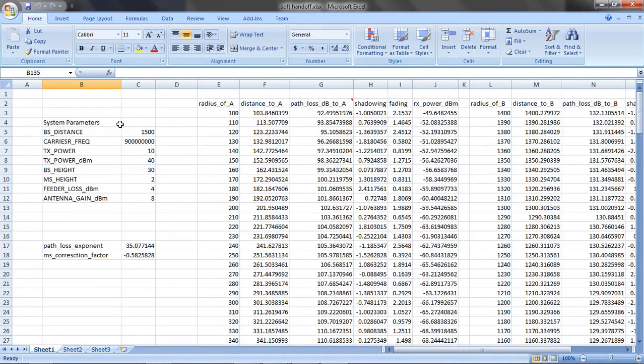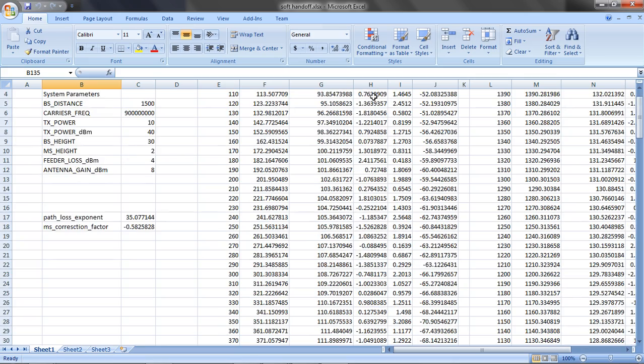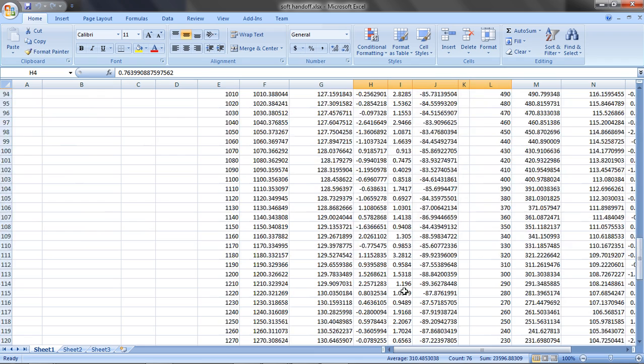In the Excel, we have set up some system parameters. We use these parameters together with the formulas listed in my report to calculate shadowing, fading, and the received power of base station A and B. And with this data, we get two pictures.